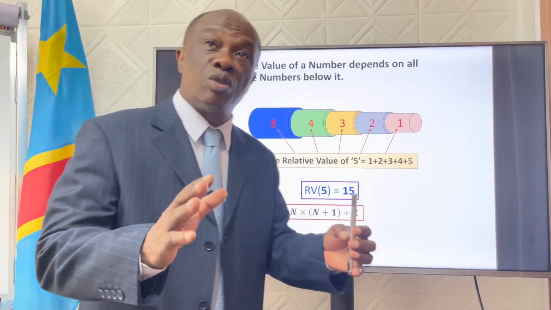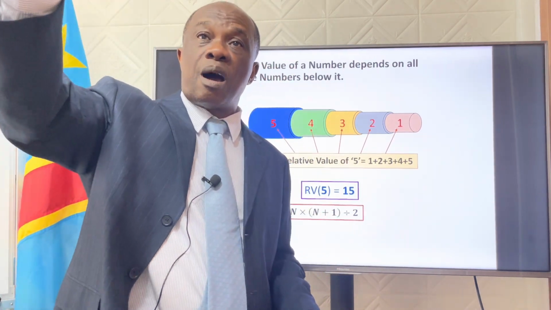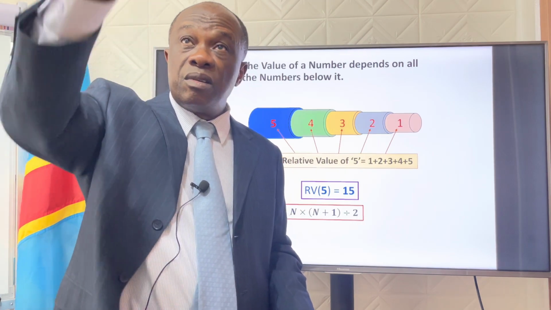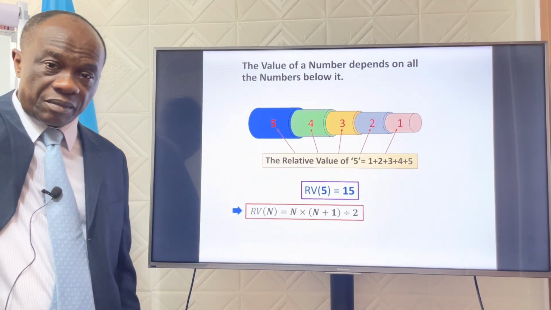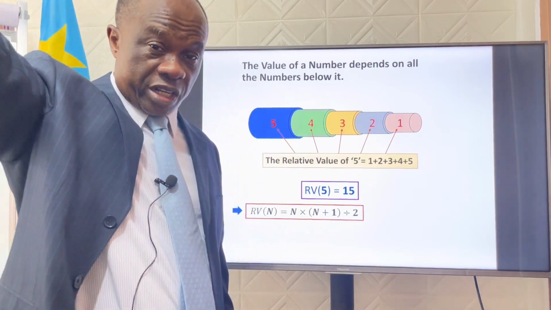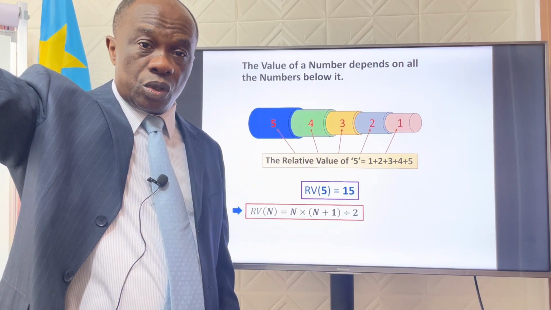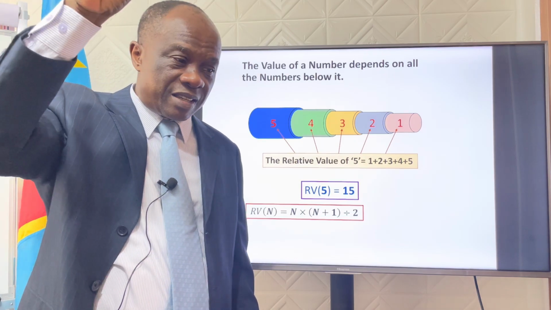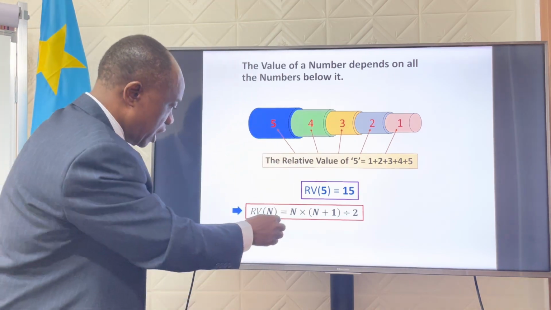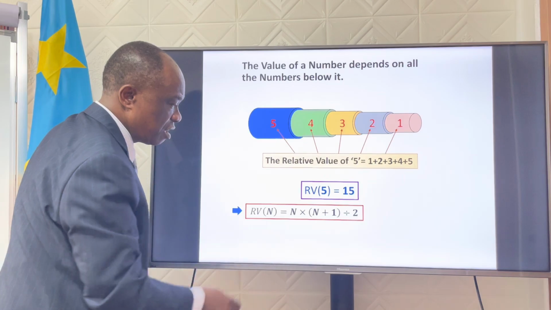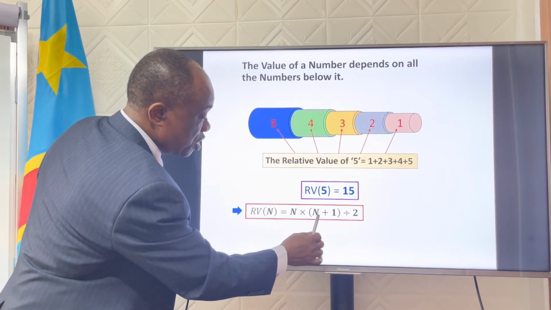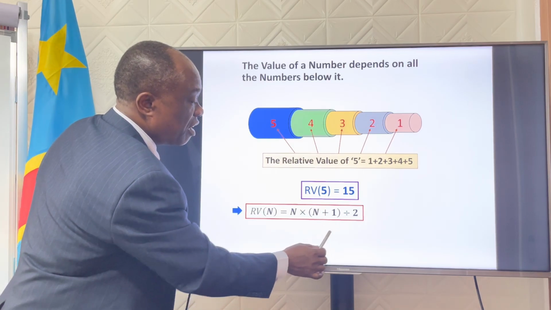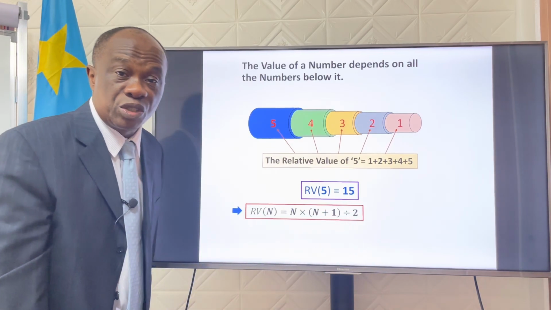So if you want to know how many bricks are below the brick that is on row number 14, for example, you just get number 14, multiplied by 14 plus 1, that's 15, then divided by 2.